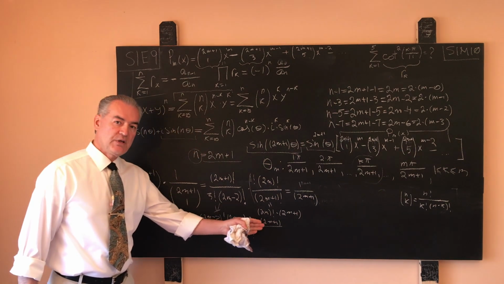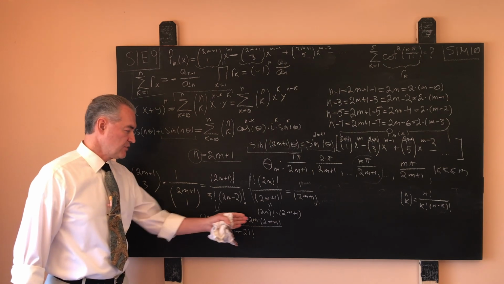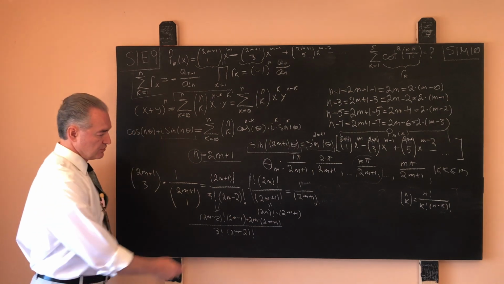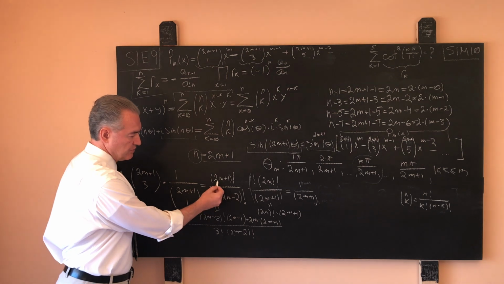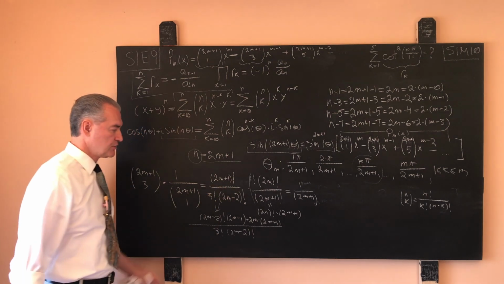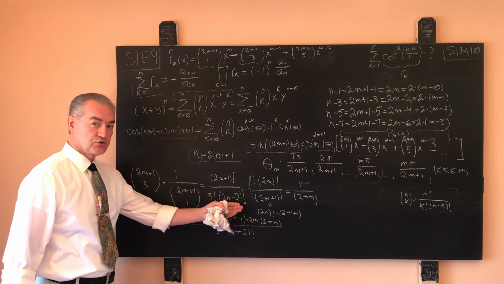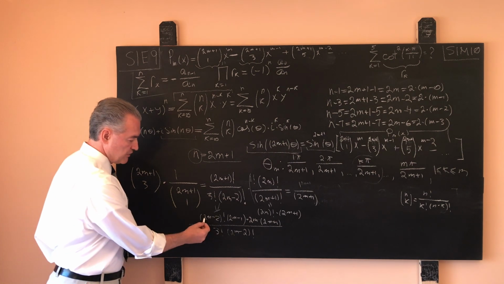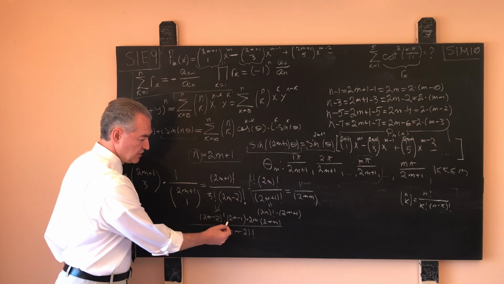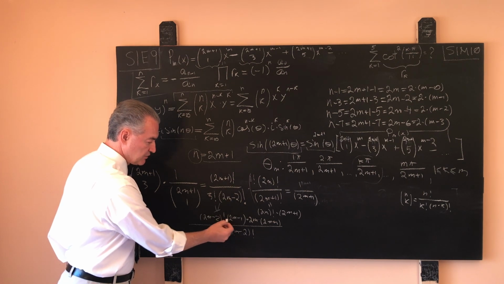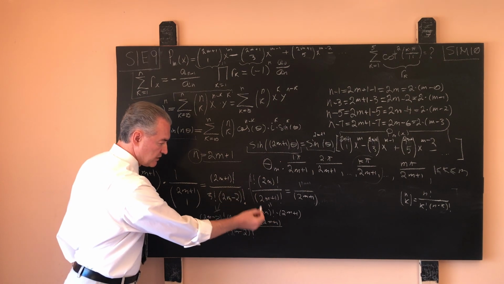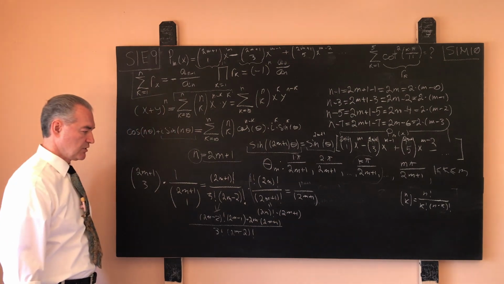Again, there should be no mystery for this manipulation, because I simply spelled out the 2m plus 1 factorial in terms of the 2m minus 2 factorial. So we grab the first 2m minus 2 numbers, and then we complete this factorial with 2m minus 1, 2m, and the last number 2m plus 1.